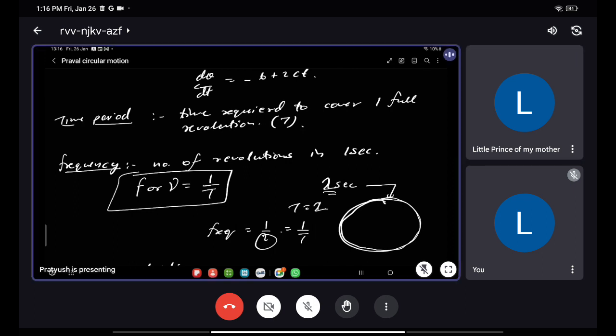See, frequency is the number of revolutions in unit time. So the unit of time is second, so the number of revolutions in 1 second.